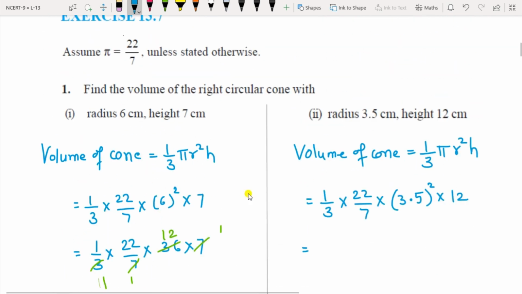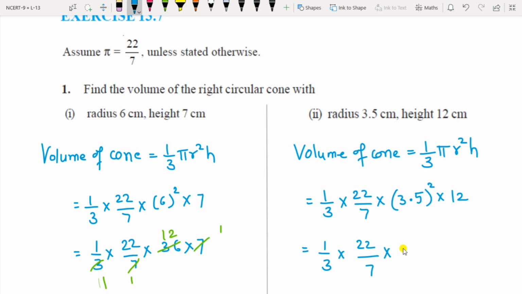The next one here is radius 3.5 centimeter and height 12. So 1/3 pi r square h, where r is 3.5 and h is 12. So 1/3 into 22/7. If there is a decimal number or any big number, there is no need to find its square.